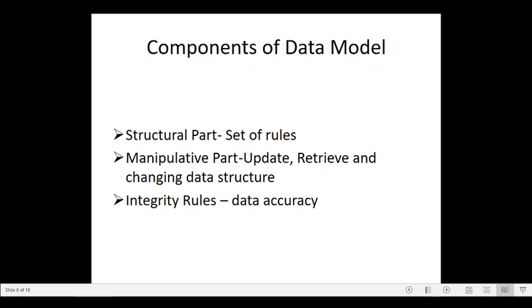Whereas when a database defines the types of operations such as update, retrieve, and changing the data structure, this constitutes a manipulative part. Whereas integrity rules ensure data accuracy.